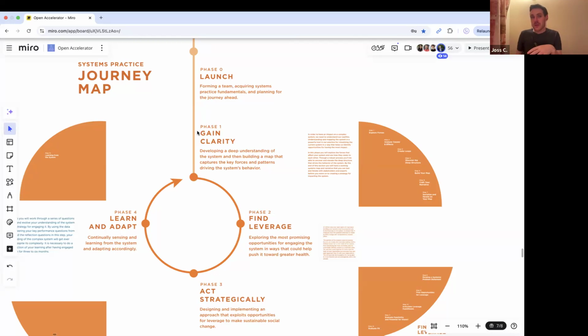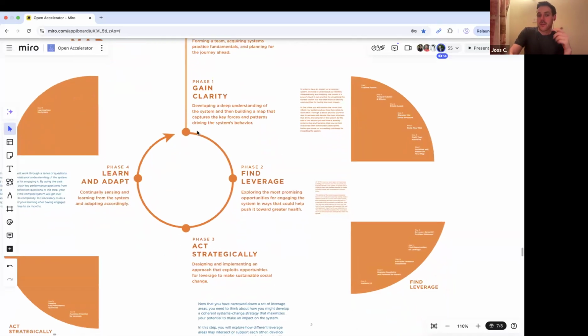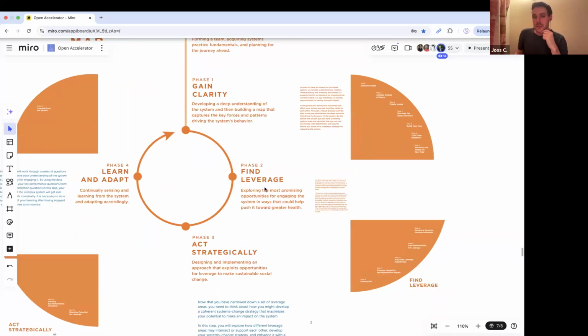We've got phase one, gaining clarity, developing a deep understanding of the system, and then building a map that captures the key forces and patterns driving the system's behavior. Over here, number two, they're going to leverage points and exploring the most promising opportunities for engaging the system in ways that could help it push forwards to greater health.